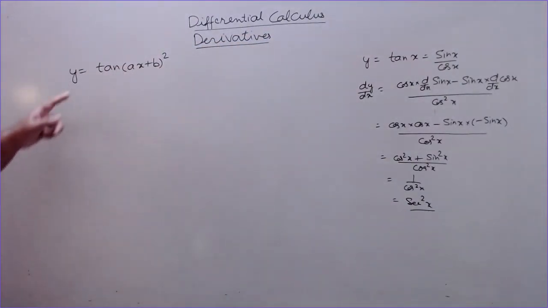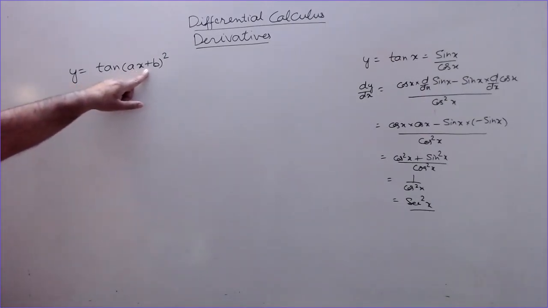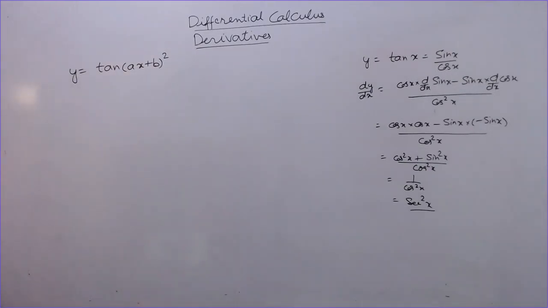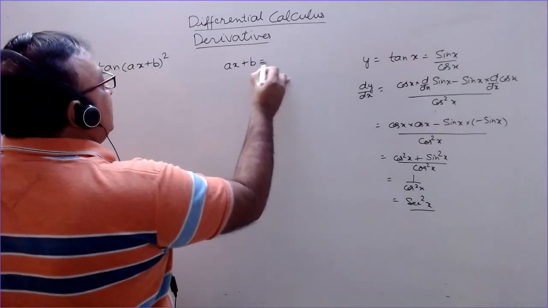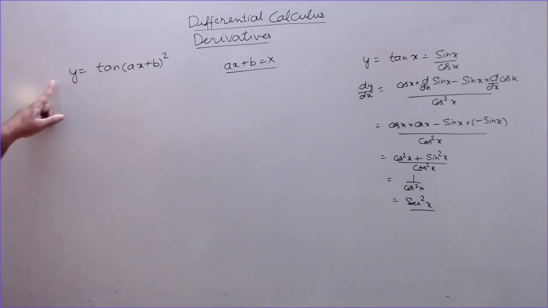Now in this type of problem, first of all you have to assume that this is a single variable. ax plus b can be expressed as a single variable, and now we have to differentiate this function with respect to that single variable. Suppose ax plus b is kept as capital X. Now we have to differentiate this.